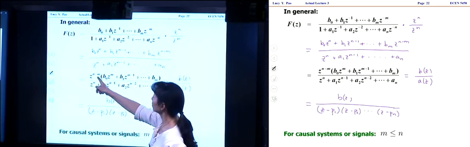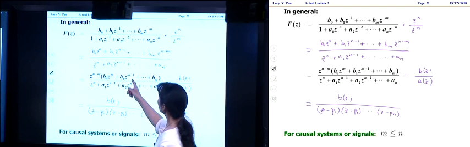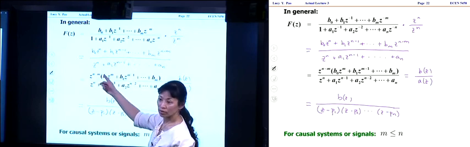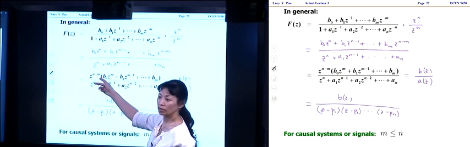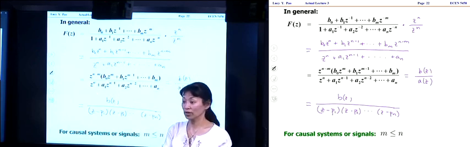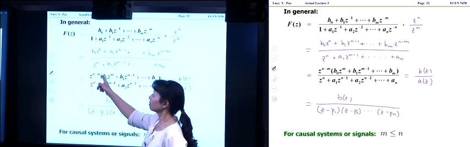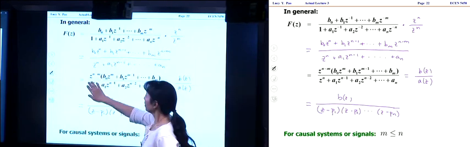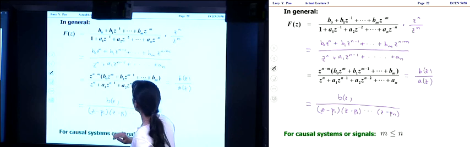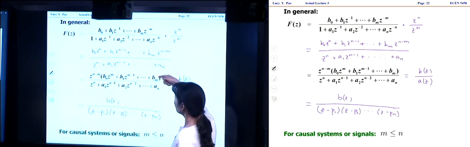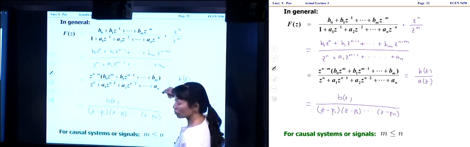So you can see that here, right? So if you let z be 0, if n is greater than m, the numerator is going to be 0. And so f of z evaluated at 0 is going to give you c0 is equal to 0, right? So only when n is equal to m, then this will be 1, right? And then you evaluate it at z is equal to 0, and so c0 is going to equal b sub m over a sub n.